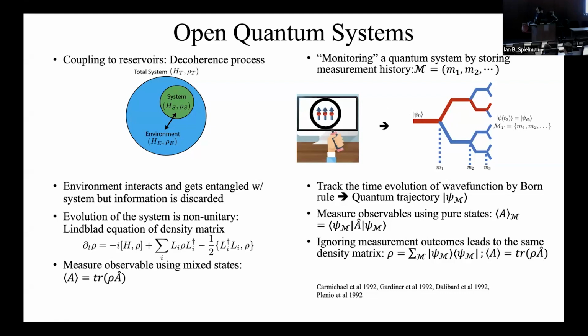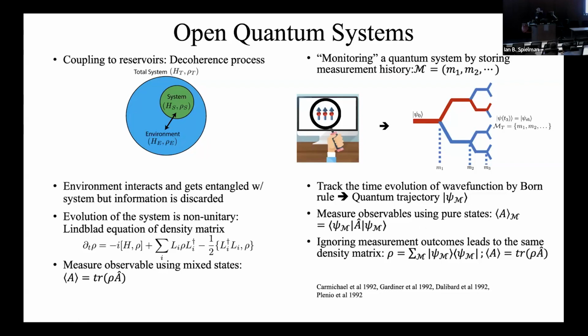So we have the wave function of the system given the measurement outcomes that we have recorded during the time evolution. Since we have the wave function as a pure state, if we want to measure some observable, we just evaluate its expectation value with respect to that wave function.